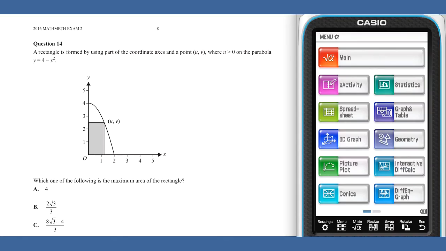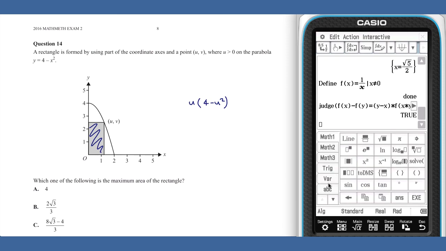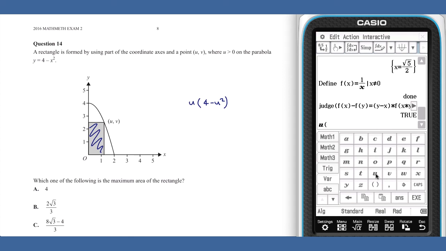Question 14 asks us to maximise the area of this rectangle. The rectangle has dimensions u by 4 take u squared. So we need to maximise that expression. We can do that on our ClassPad. First we'll enter the expression. Now we'll select it.